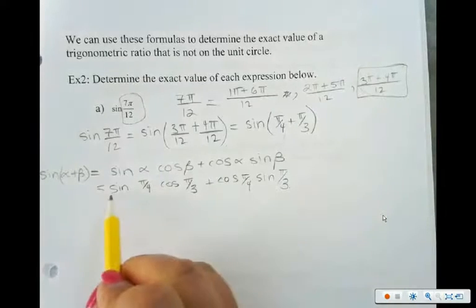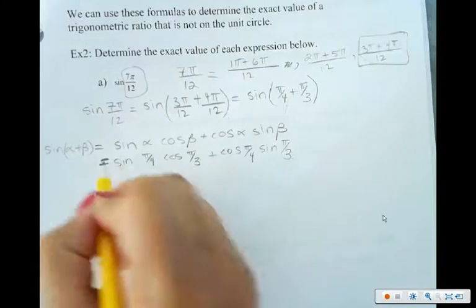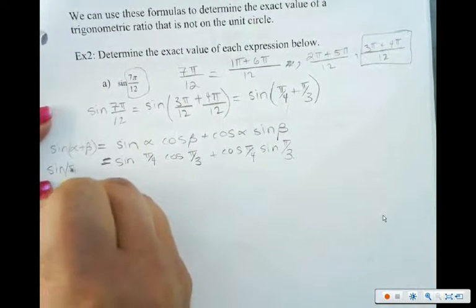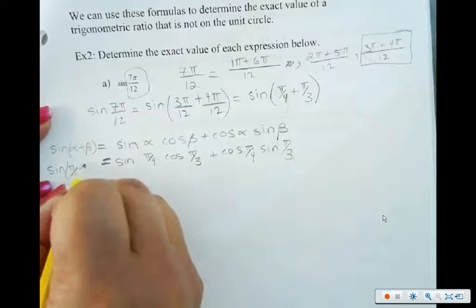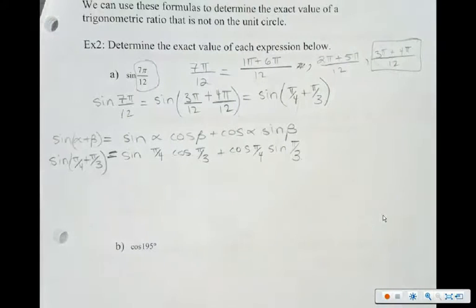Right, now we need to solve this side. We're just going to be working, because really what this is, is sine of pi by 4 plus pi by 3. So now we're just plugging in the values. Yeah, so now we're going to use our exact values. So what's the value of sine of pi by 4?